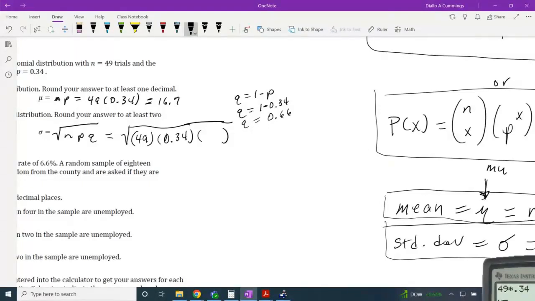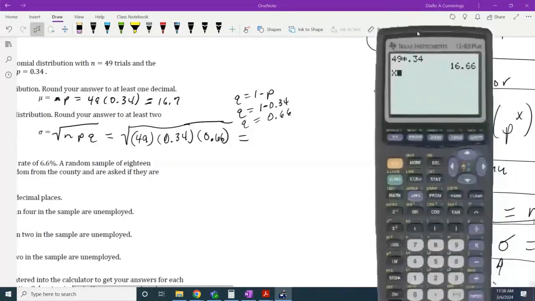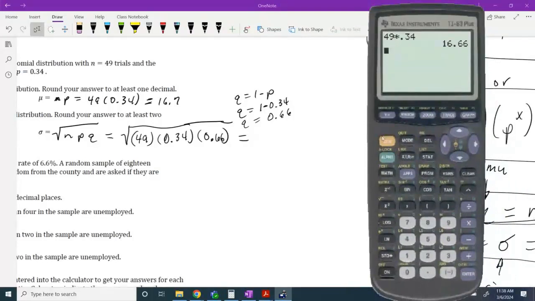As I alluded to, normally you're going to have to find q. So we're going to multiply 49 times 0.34 times 0.66, which is q, and take the square root. I'm going to put that into the calculator. Notice it gives me a begin parenthesis for my square root of 49 times 0.34 times 0.66.